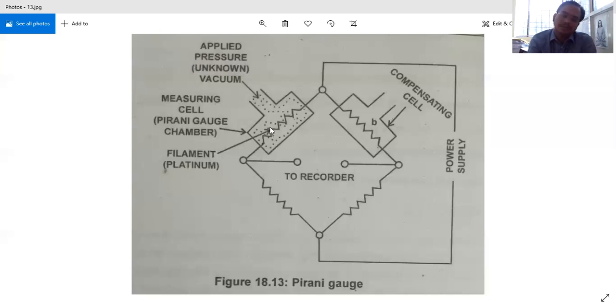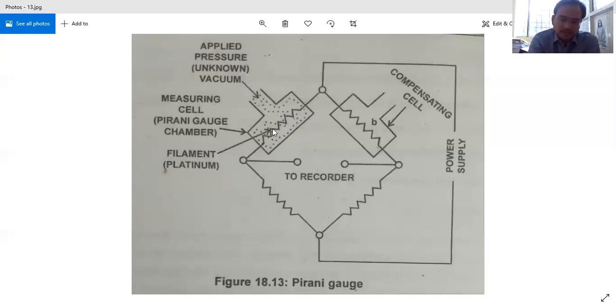But how is the temperature affected by this applied pressure? This is our subject. When this gas enters this chamber, the density of the surroundings of this platinum will change.